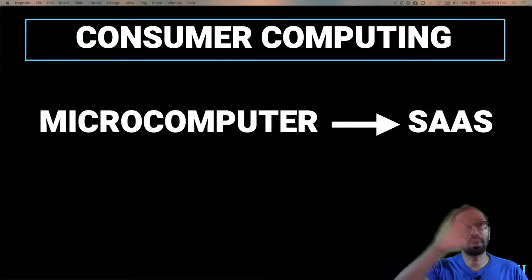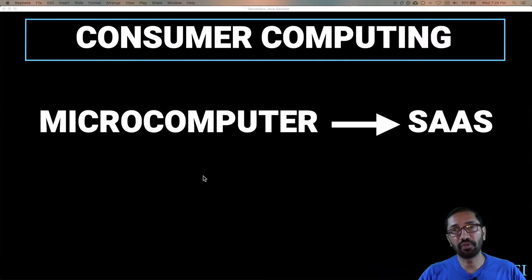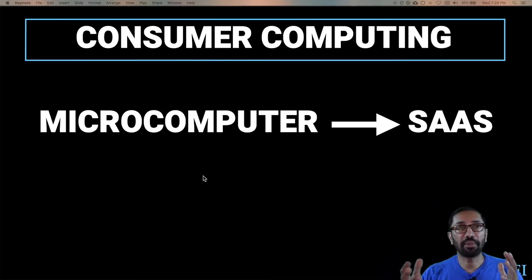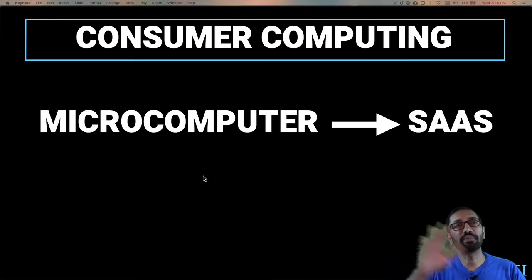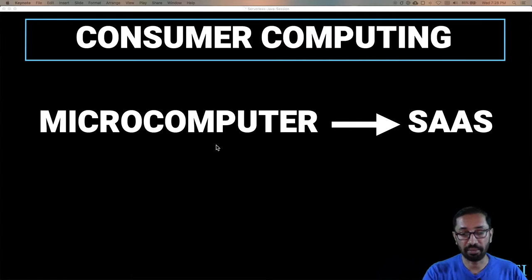And the leap that we made from the microcomputer to the software as a service style of development was that we were able to deliver our applications through the web without the user having to install anything. Of course, we still use binaries and executables to deliver software, but we made this massive leap where the user could just go to a website, click refresh, and they would have a new version of our application with no installation and very little hassle to get the latest version of the app, right?